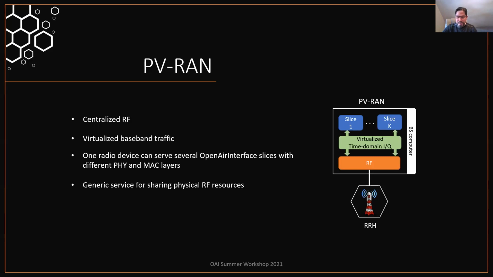Since everything is centralized, the platform offers a generic service for sharing physical RF resources. PVRAN is also orthogonal to the 3GPP functional split, and therefore it can be integrated into any kind of architecture. For example, PVRAN core virtualization layer could be integrated with ORAN.